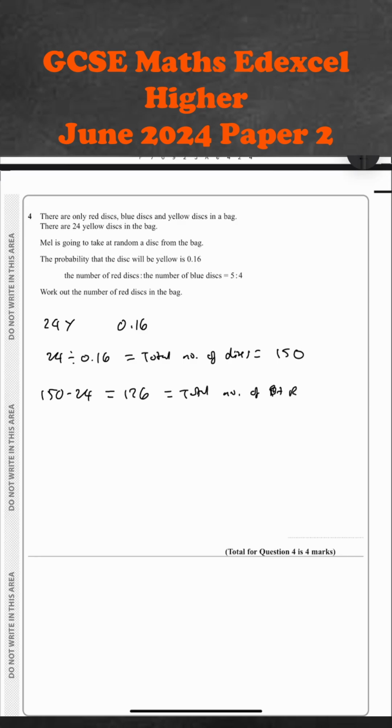We have the ratio up here of 5:4, which means 5/9 are red and 4/9 are blue of red plus blue discs. We want the number of red discs, so we're going to do 5 out of 9 times 126, which is the remaining number of discs. Again, I'll do this on my calculator. I get 70 red discs in the bag.